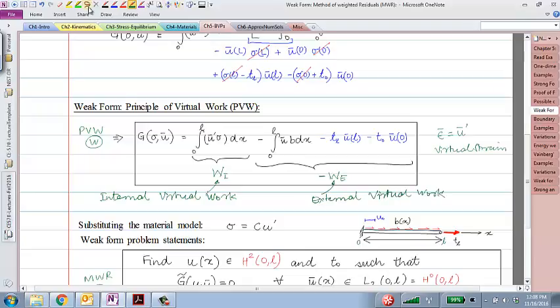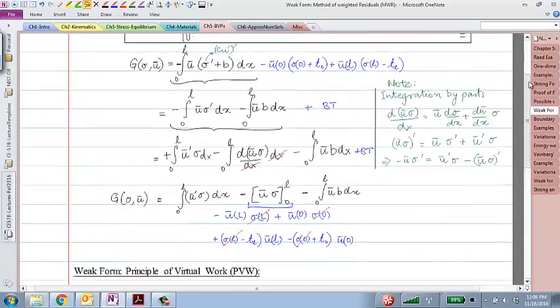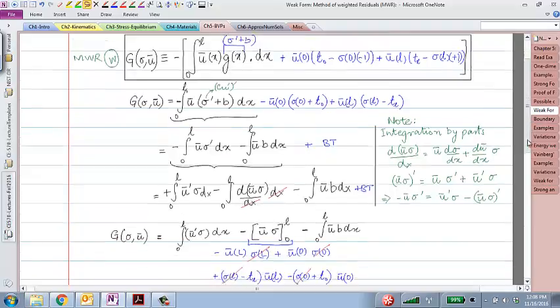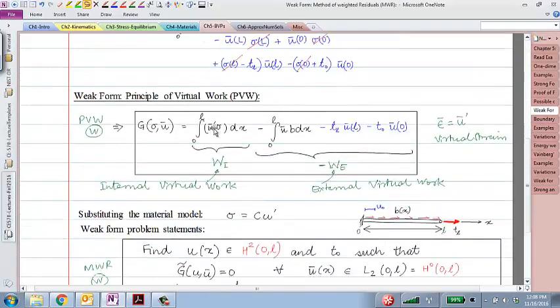And there are some advantages to using this PVW weak form in this particular definition as opposed to the original MWR weak form, because I said that in this original form there are two derivatives on real displacement, no derivatives on virtual displacement. Here there are equal or balanced derivatives on the virtual displacement, and within sigma, you know, there is Cu prime, so there is one derivative on real displacement.